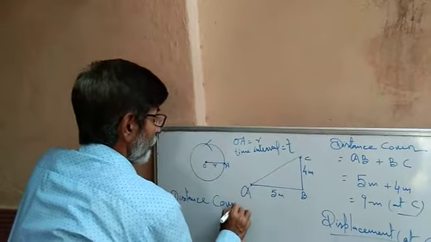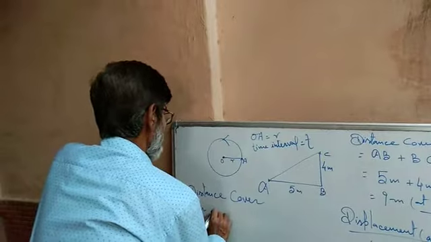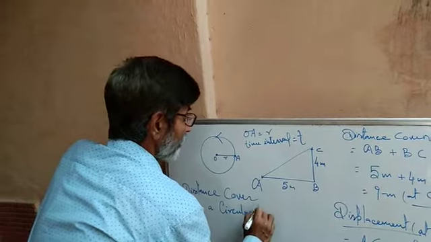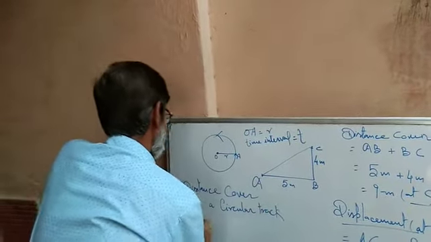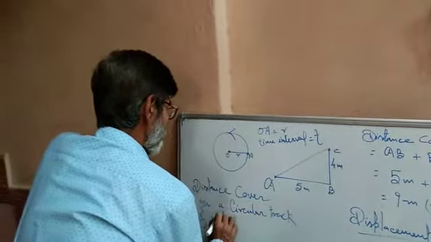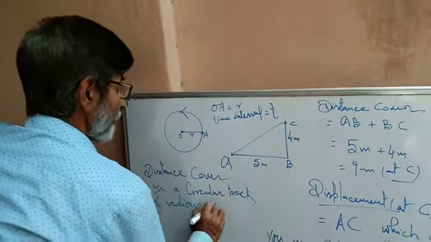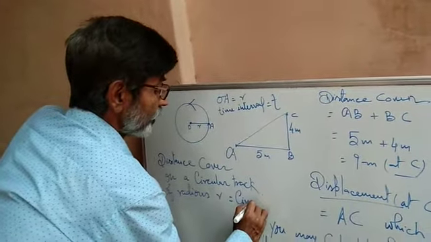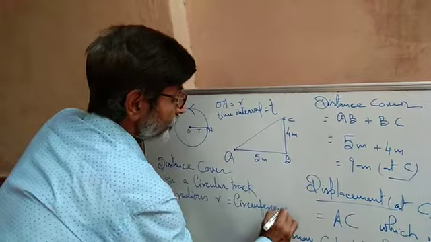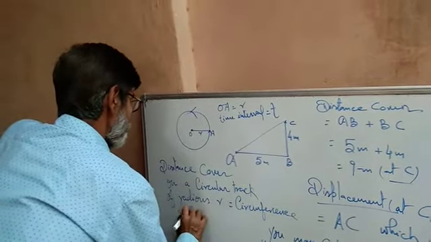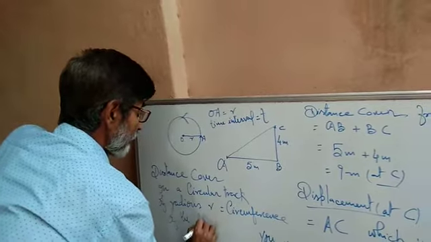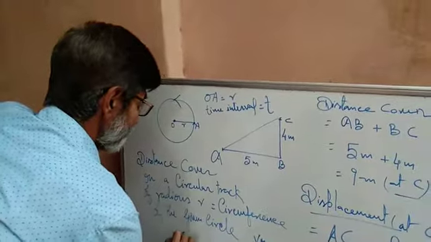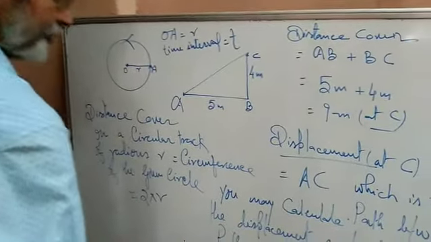Distance covered on a circular track of radius r is equal to the circumference of the given circle, which is equal to 2 pi r.